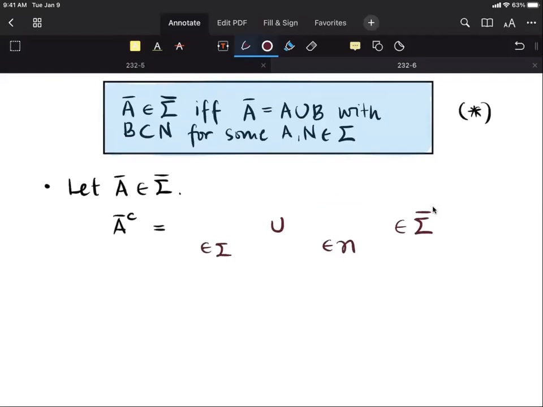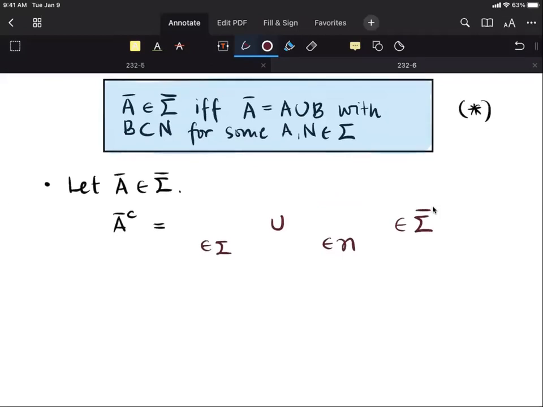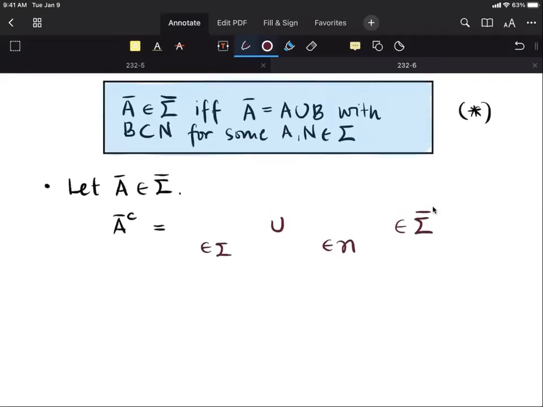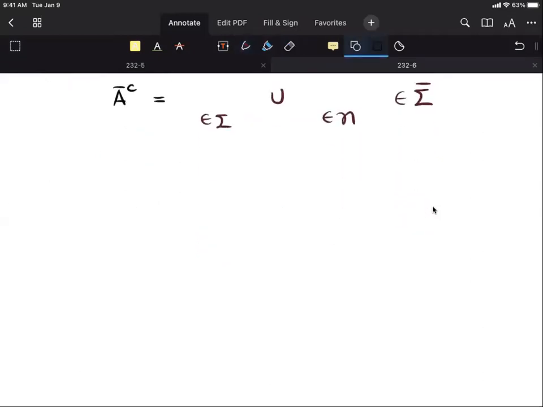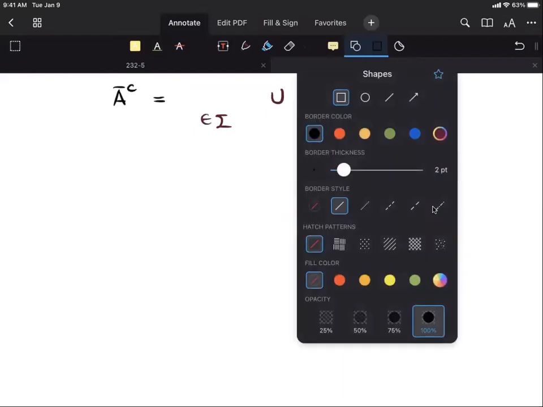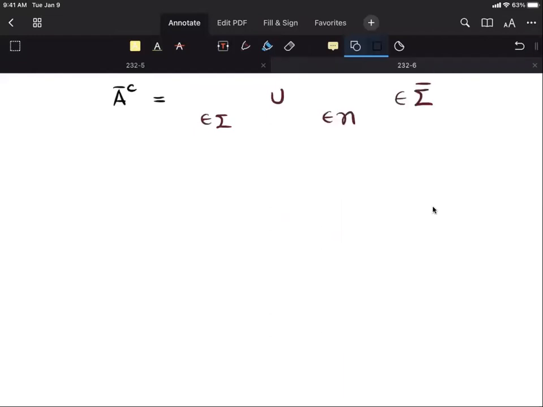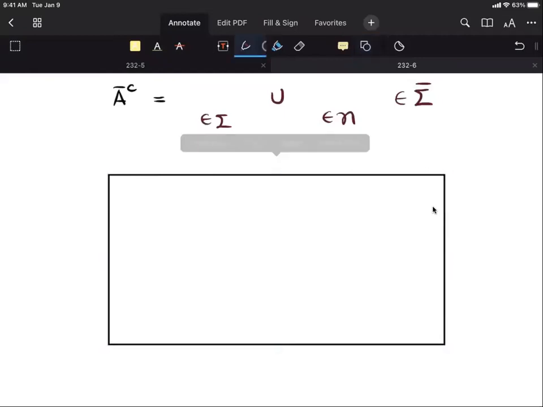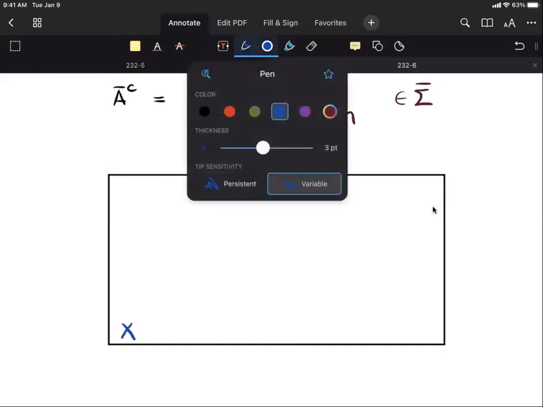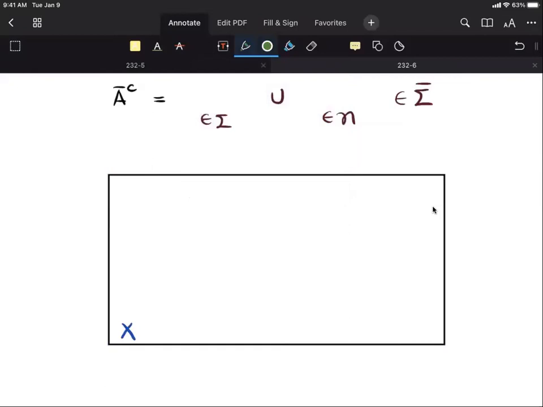So to illustrate the situation of star, this one inside the box, let us say this is our set X. And then you have an A bar.